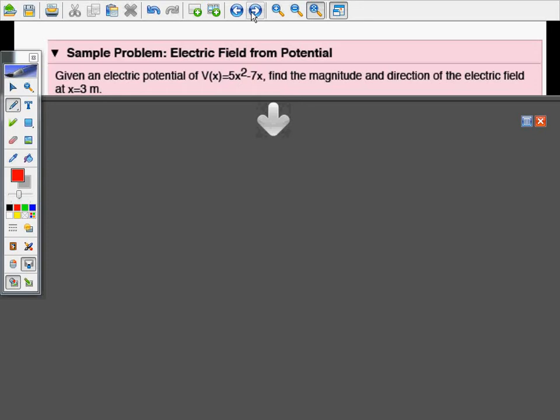Given an electric potential function, V of x equals 5x squared minus 7x, find the magnitude and direction of the electric field at x equals 3 meters. Now, think about what we just said. We said that the electric field strength is equal to the derivative of the electric potential. We have to put a negative sign in there. And it's going to be the derivative with respect to x.